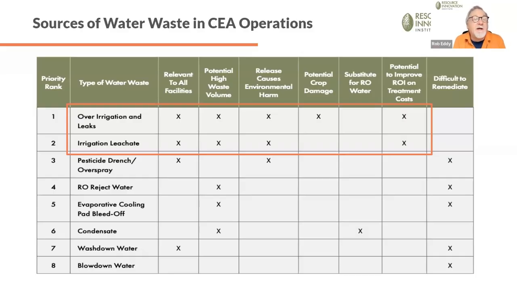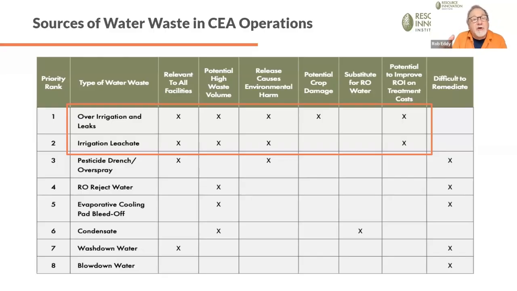So the top two that we've indicated to prioritize for water waste are over-irrigation and leaks. Those are things that anybody can do. Any facility can do that. Analyze their irrigation protocols. Develop a culture of conservation, so your folks have the tools they need. The tools are close by to fix leaks.